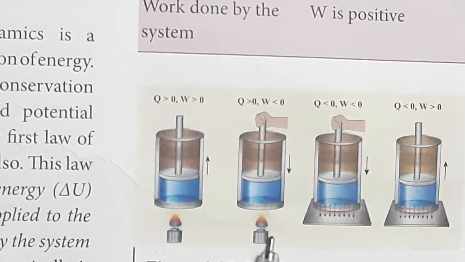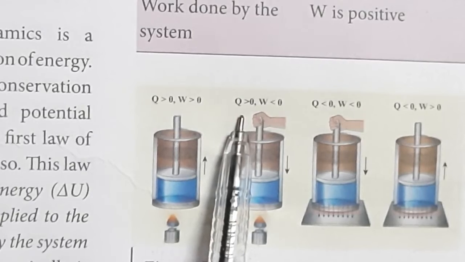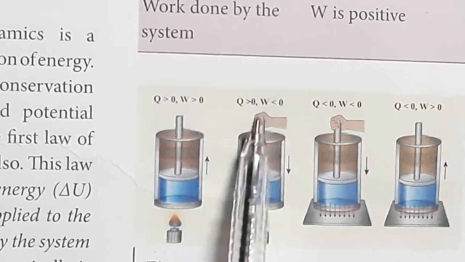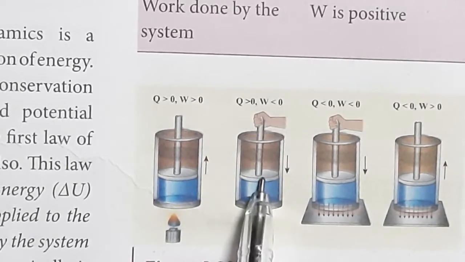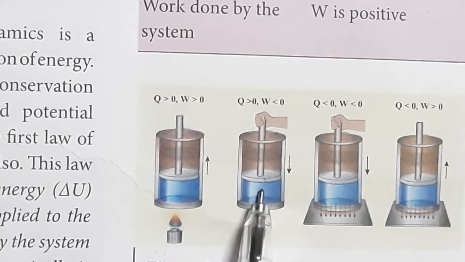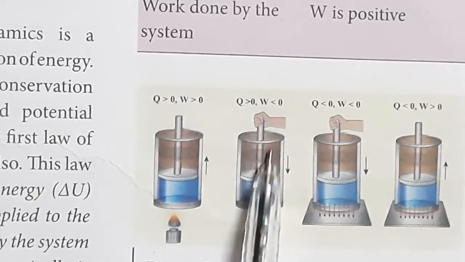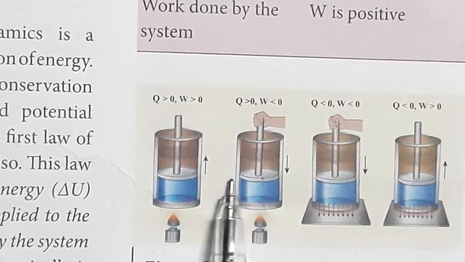In this one, heat is supplied to the system, so Q is positive, and work is done on the system with the hand. So work done is negative. We are adjusting the piston with mechanical work.